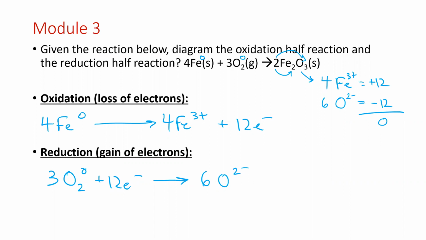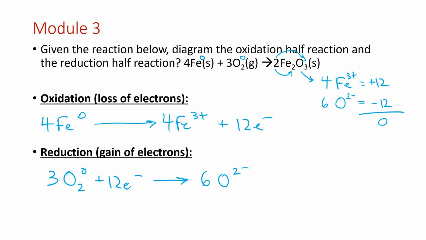The product is the end result of the reaction, but not where the reaction was occurring. The reaction occurred with iron. Iron lost electrons. Oxygen gained those electrons. We wouldn't say the iron 3 oxide was oxidized because it's the product of oxidation. So hopefully that helps in a similar question.